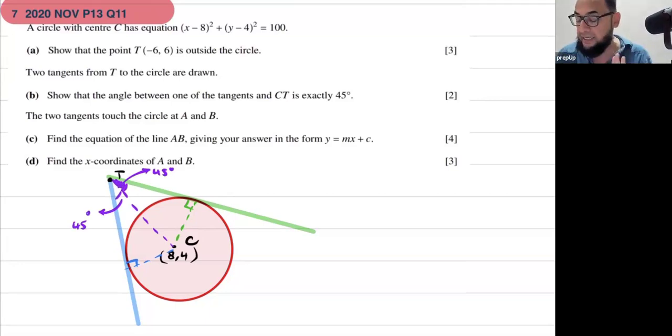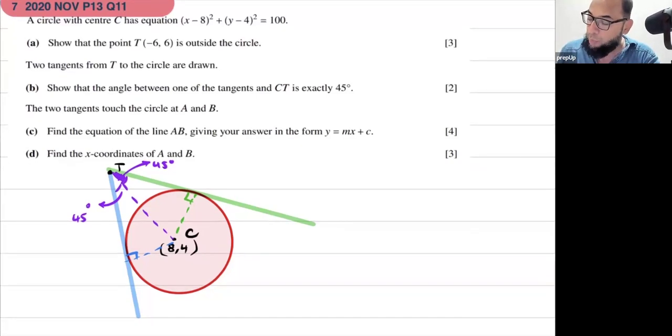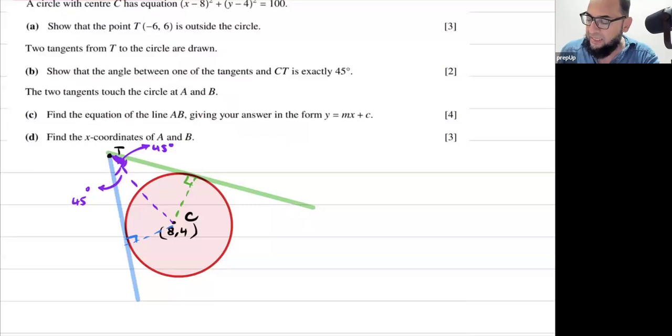It's just a rough sketch, not an exact diagram. Now, how would you show this? I can use the concept that I can find the distance CT. So we have the magnitude of CT, which was the square root of 200.